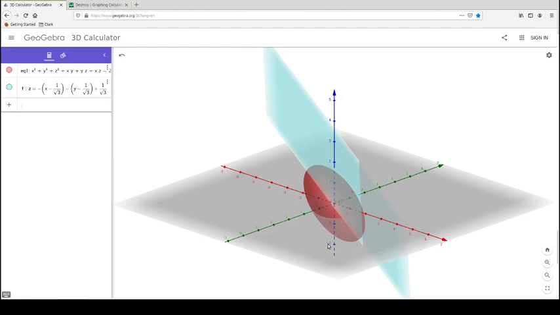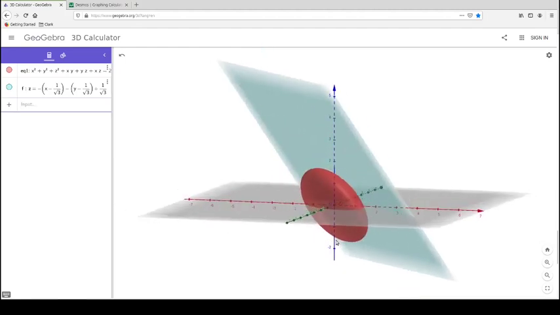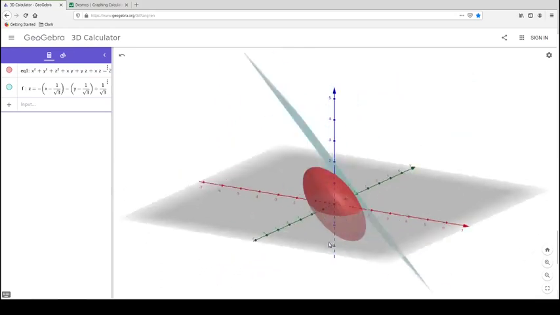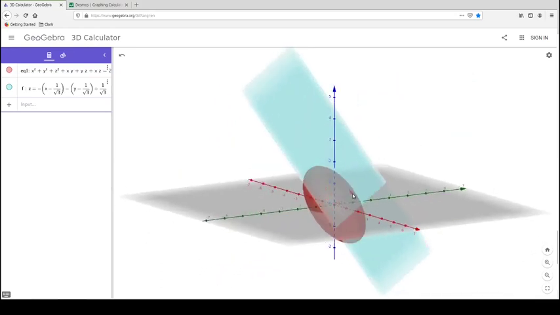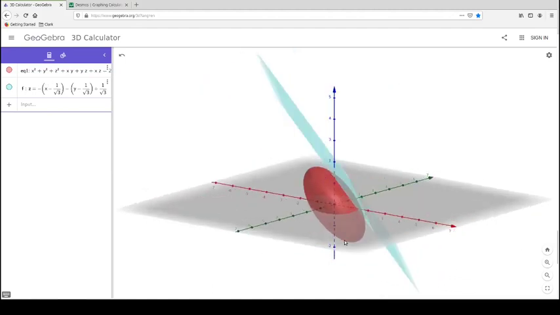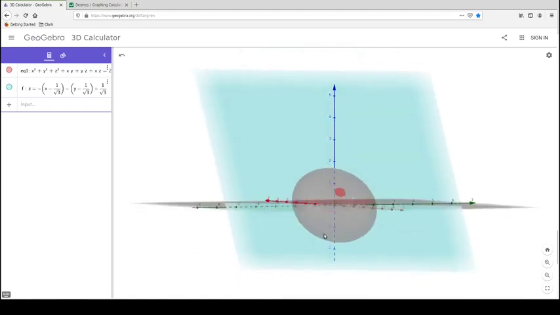And sure enough, on this level surface at the point 1 over root 3, 1 over root 3, exactly this point right here, the plane that we calculated is giving us exactly the tangent plane to this surface at that point.